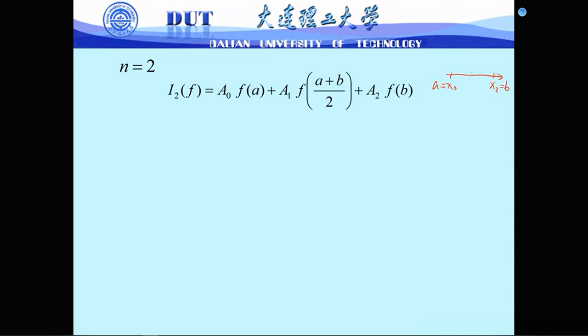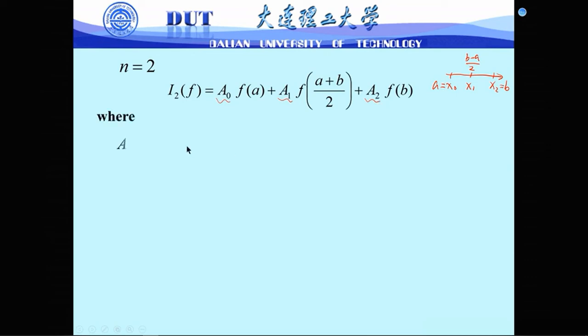So we choose x1 as the middle point, (a plus b) over 2. So here, x0, x1, and x2. It's okay? We have 3 nodes. And now we only need to determine the 3 weights or coefficients, a0, a1, and a2.